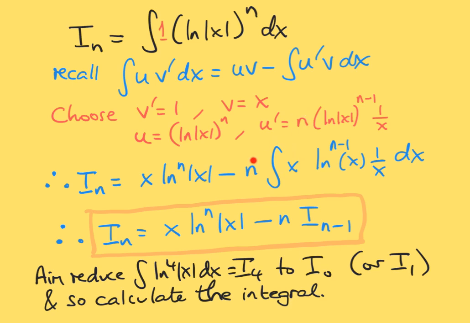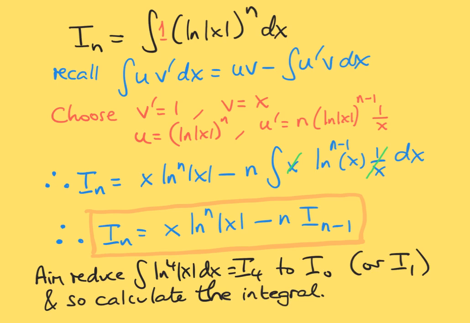I've taken it outside of the integral. It's a constant that will change when you use it. It can have different values, but it's not a function of x, so we can take it outside of the integral. And then we've got to multiply this by v, and v is x. And we see immediately the good news that the x and the 1 over x will cancel.